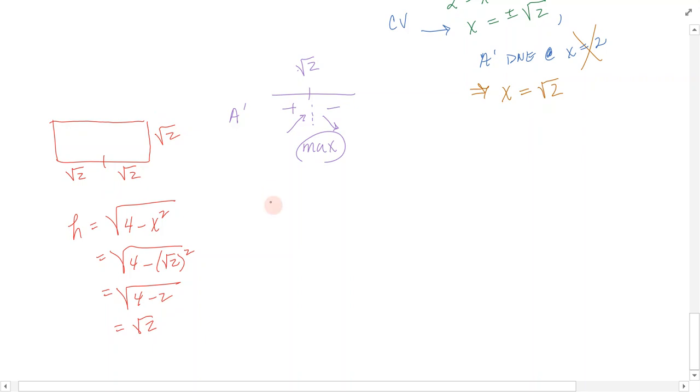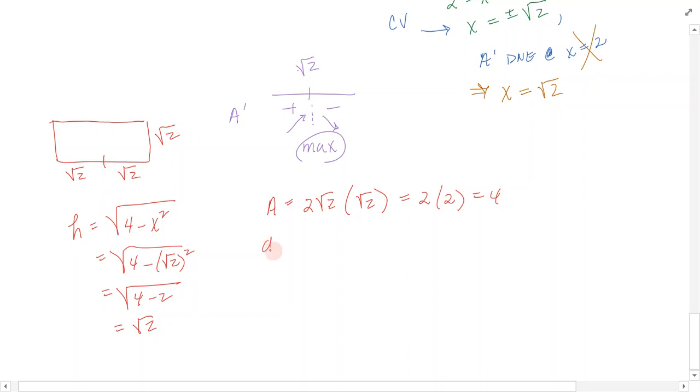So the area that we found would be 2 times the square root of 2, representing the base, times the height of the square root of 2. In other words, a maximum area of 2 times the square root of 2 times the square root of 2, which is just 2 times 2, for a maximum area of 4.